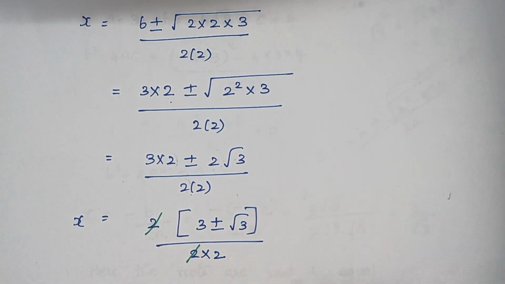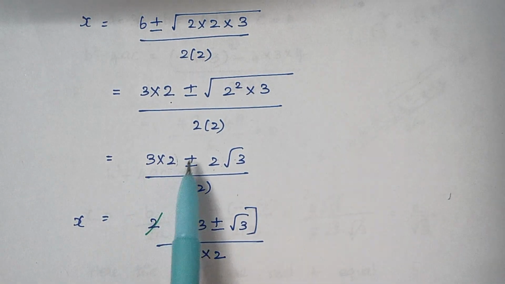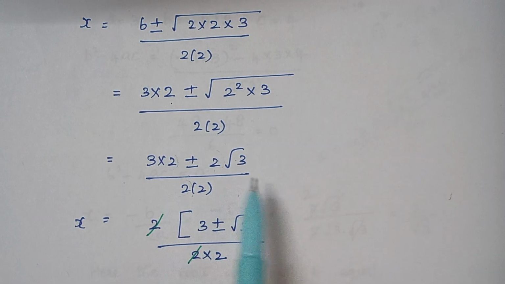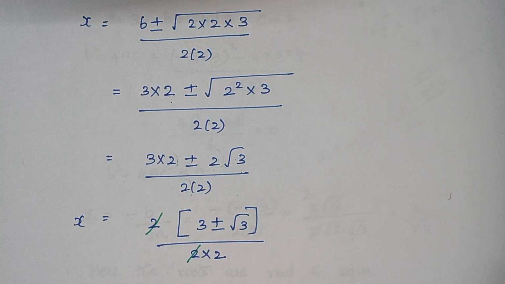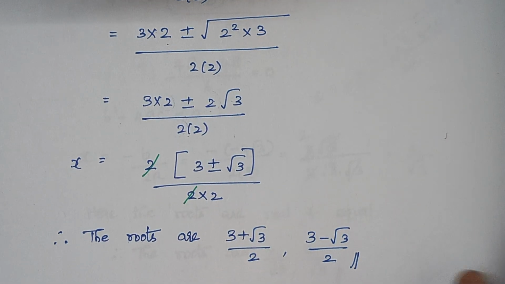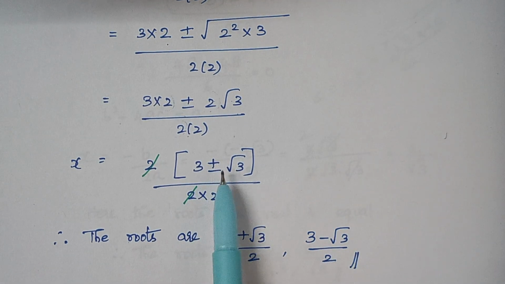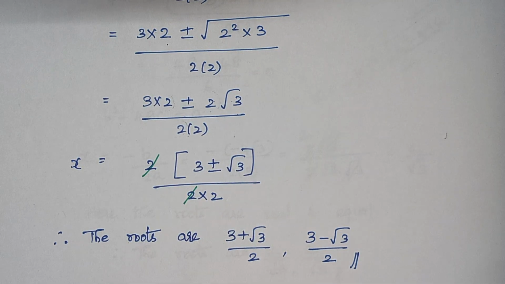When you take 2 outside, the remaining terms are 3 plus or minus root 3 divided by 2 into 2. Now this 2 and 2 get cancelled, and finally here we have the roots, that is 3 plus or minus root 3 by 2. So the values of the roots are 3 plus root 3 by 2 and 3 minus root 3 by 2.